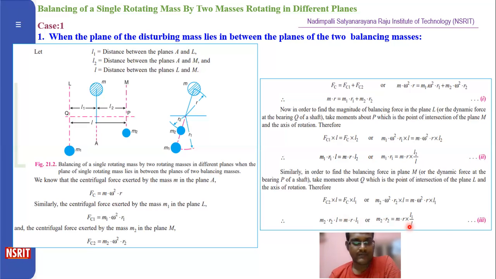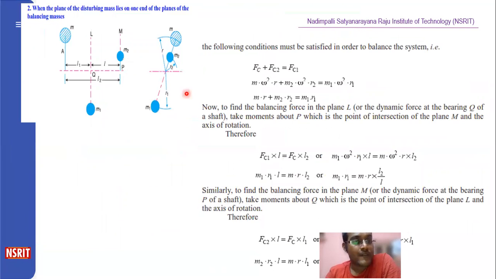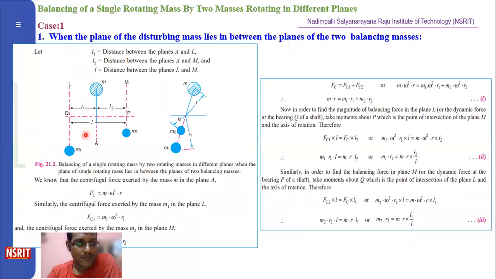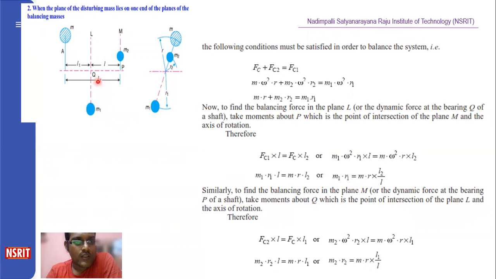Let us see the next case. Second case: when the plane of the disturbing mass lies on one end of the planes of the balancing masses. Earlier, the balancing masses were at opposite ends, but here the plane of the disturbing mass lies on one end of the planes of the balancing masses.